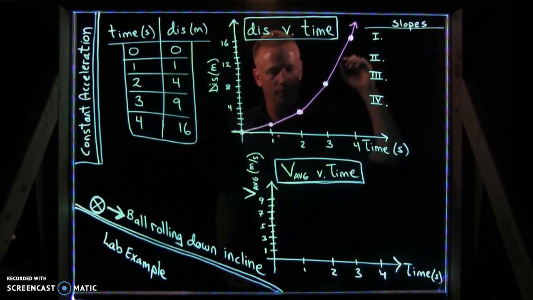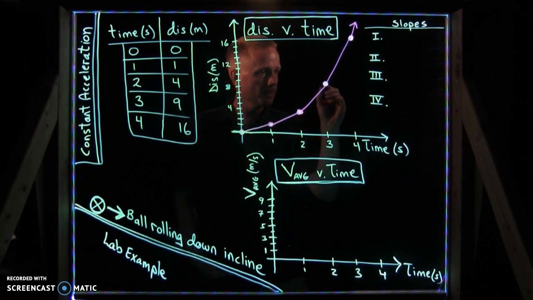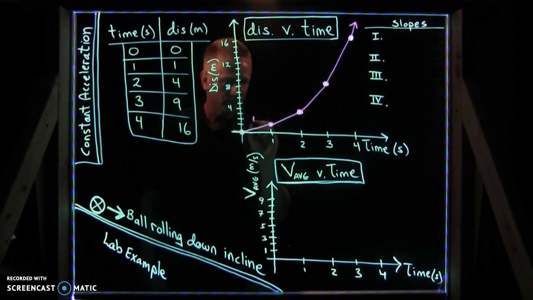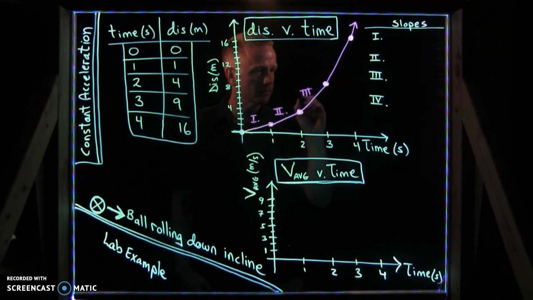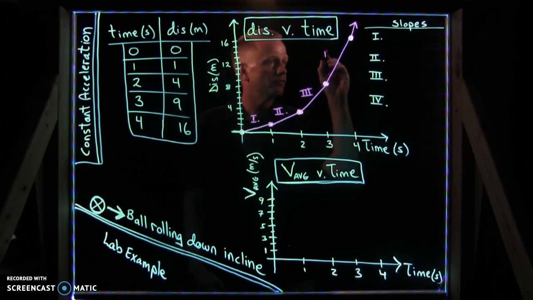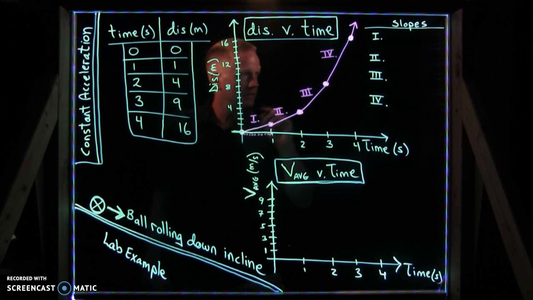And if you were to analyze the slope between each set of points, we'll look at the first segment is segment 1, the second segment is segment 2, third segment is segment 3, and the fourth segment is segment 4. You can find very easily the slope for a run of 1 second and a rise of 1 meter.